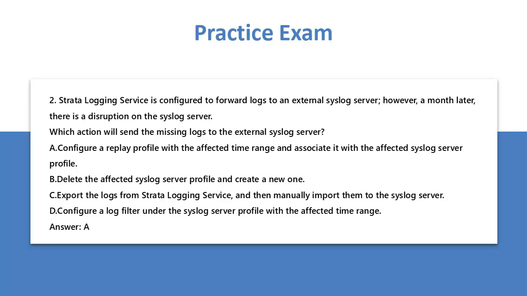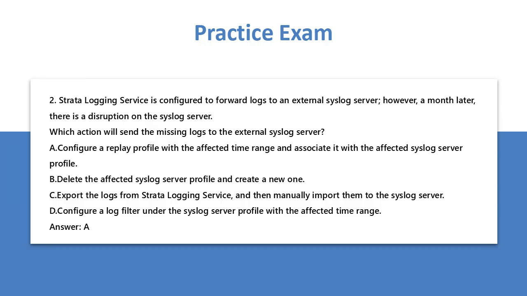2. Strata logging service is configured to forward logs to an external syslog server. However, a month later, there is a disruption on the syslog server. Which action will send the missing logs to the external syslog server? A. Configure a replay profile with the affected time range and associated with the affected syslog server profile.